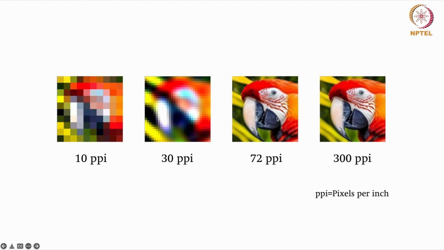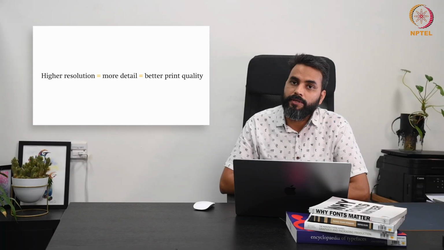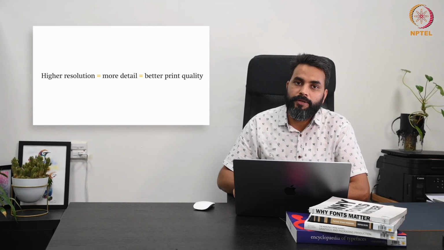Whereas the same image visualized in 300 ppi has very high quality and is clear. So that means high resolution will result in more detail, and that will result in better quality of print.